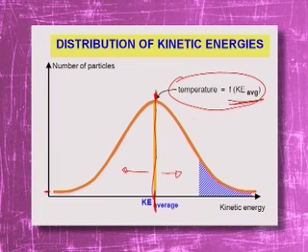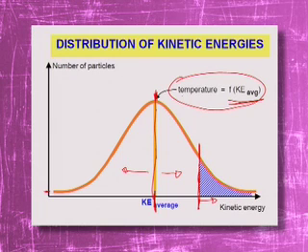Now, in the case of a reaction, we might say the only successful collisions to occur will be amongst those molecules with a kinetic energy of so much or more.